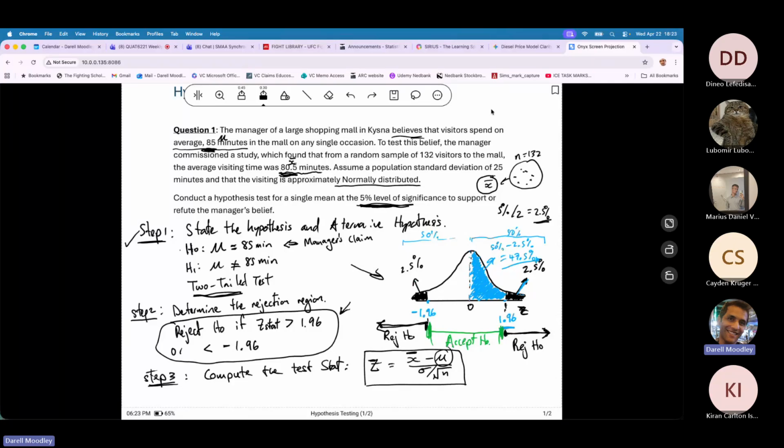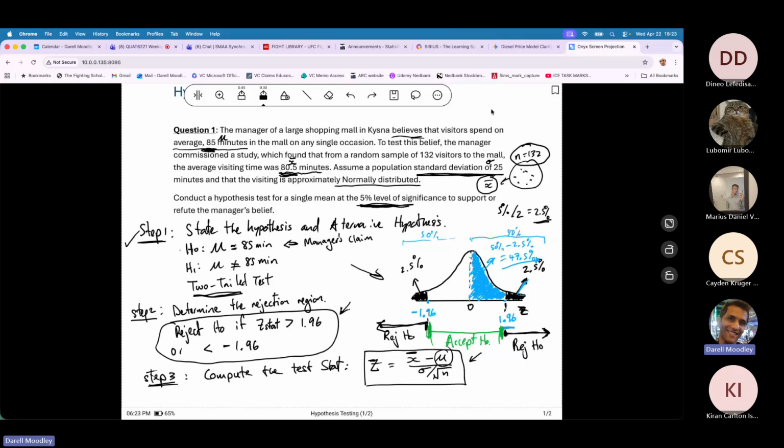For sigma, if you read the text, that's your standard deviation. So it tells you your standard deviation is 25. So sigma is 25. And your n is your sample size, and that is 132. So you have all the values you need to plug into this equation.